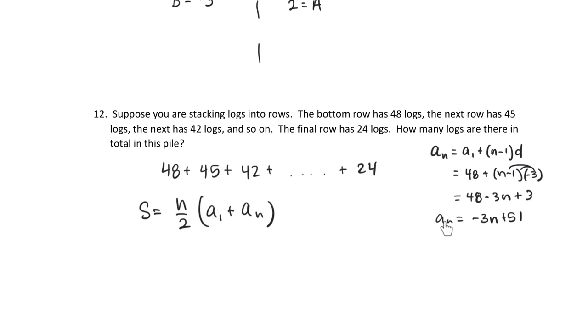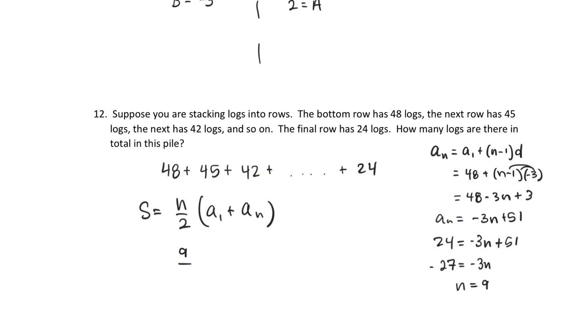So 24 goes in place of a sub n. And then if we solve for n, that'll tell us what spot that's in. So if we subtract 51 on both sides, that is -27. Divided by -3, n equals 9. So there's 9 rows of logs.